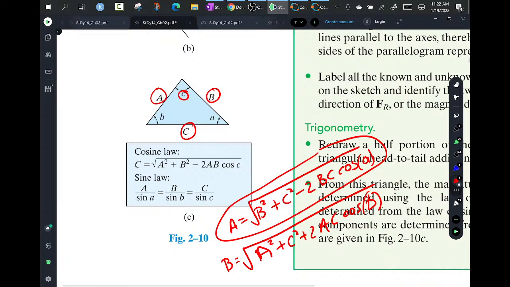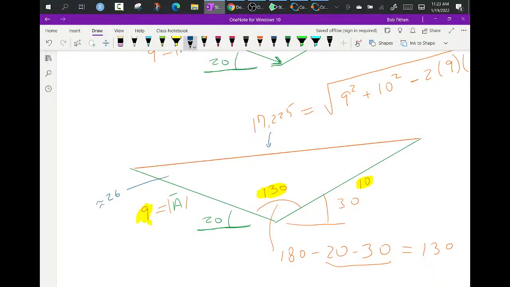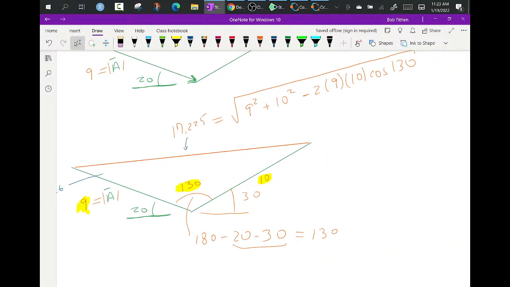So if I want to know B, I can cross the angle B across with this and pick up the C and the C. So I can pick these two up, and then I can pick the B up and leave this. That's the case I have back here. So we're going to do our ratio here first.